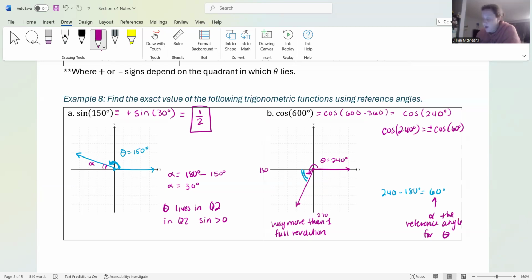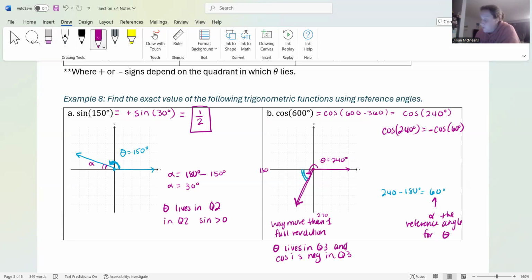The terminal side of our theta lives in quadrant 3, okay? So we know that theta lives in quadrant 3, and in quadrant 3, cosine is negative. So over here, we can say that cosine of 240 degrees is equal to negative cosine of alpha, which is 60 degrees.